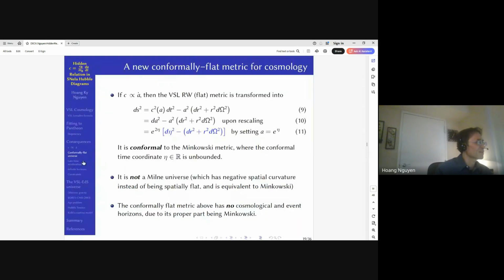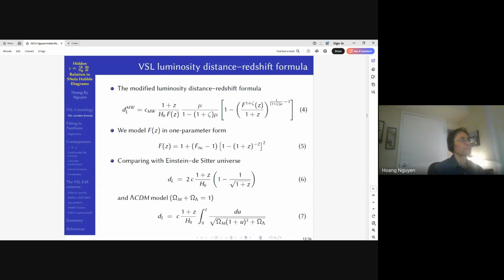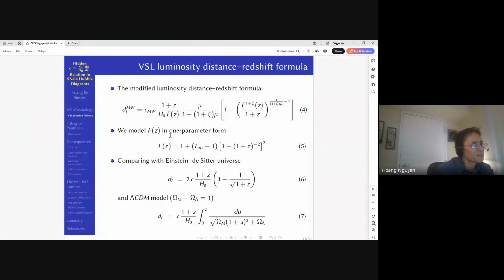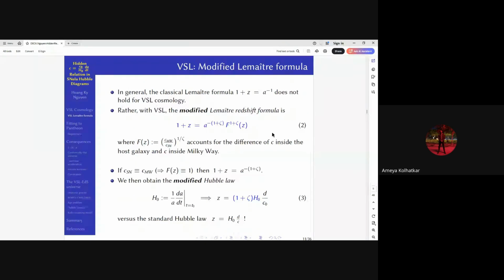I think you have defined it as some c Milky Way divided by c SN to some power, if I'm not wrong, right? You mentioned formula number 5, but I think in the previous slide you have defined it as a ratio. Yeah, that's right.